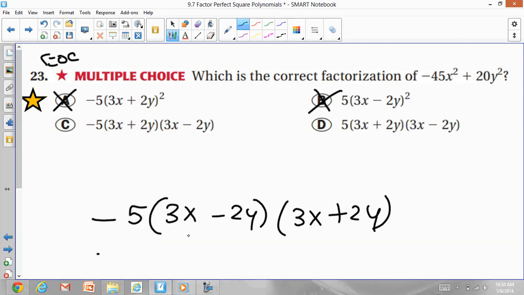So I have negative 5, which is here, 3x plus 2y, which is here, and 3x minus 2y, which is here. So the correct answer in this case will be C. C and D look similar except for the minus sign. So that is why you got to be cautious with the negative sign. Do not be in a rush to pick the wrong answer.